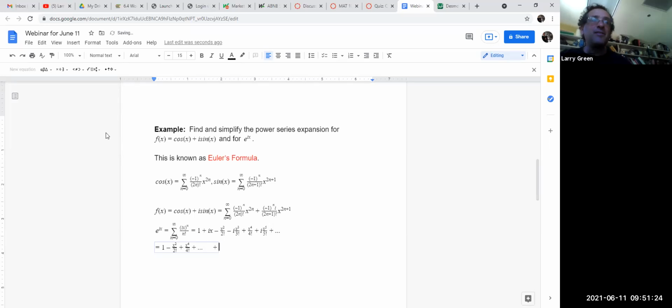And then plus, now let's do the imaginary part. We're going to have i times, and the first one will be x. And the next one will be minus x cubed over 3 factorial.